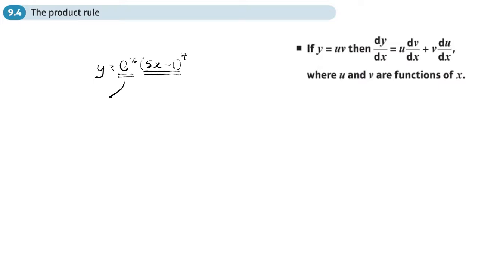And what we do is we call one part of the product u, we call one part of the product v, and so we can say this is basically something times something else, uv, and the product rule says that if you want to differentiate that, dy dx is equal to u times v dash plus u dash times v.